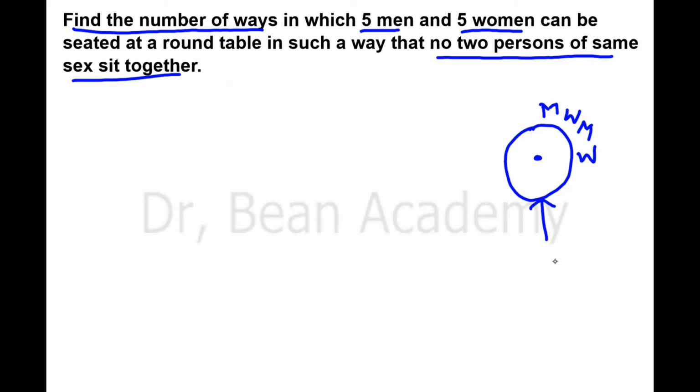If you want to take a man as a reference, then we will calculate circular permutations for women and men separately, because we know when two groups are involved and they have their individual permutations, we always calculate their individual permutations and multiply the number of those permutations to get the total number of permutations.